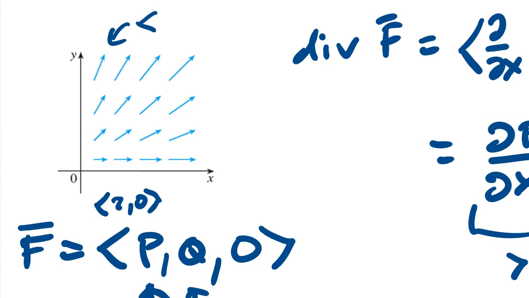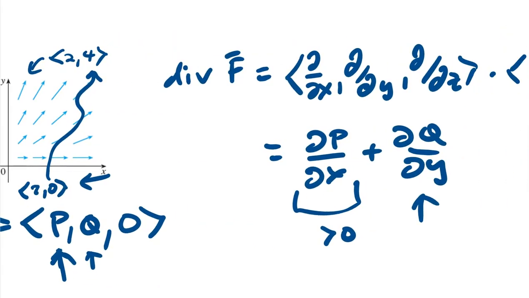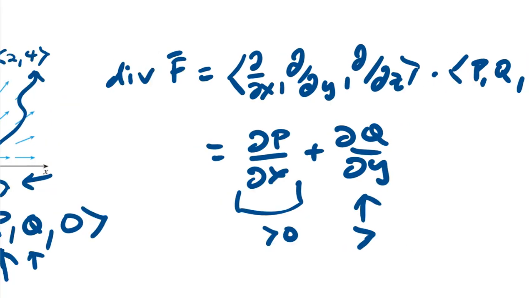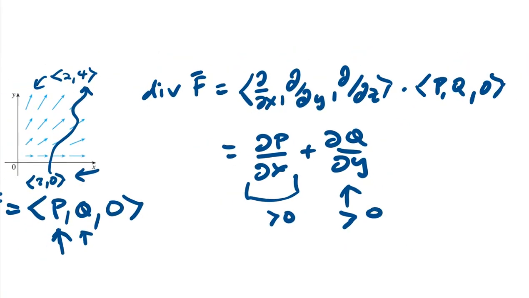So this top vector might be (2, 4). The y values are getting bigger in the y direction, so this one is also greater than 0. So it looks to me like the divergence here is going to be greater than 0.